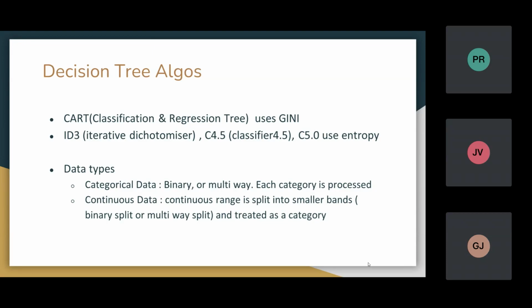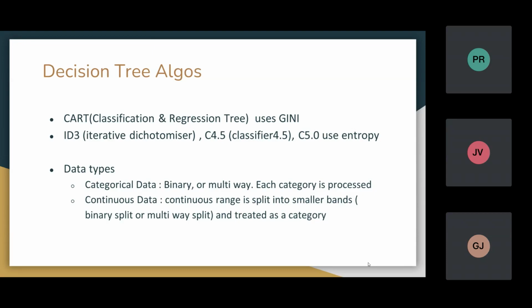So let us quickly continue with the points which I was discussing. I was making a quick mention about various decision tree algorithms, and popular among these is CART. CART is the classification and regression tree algorithm, which uses the Gini index mechanism.